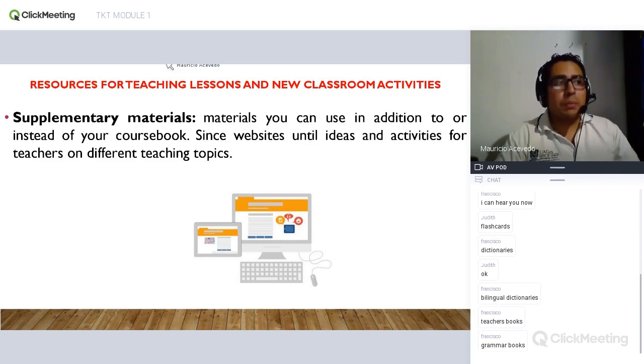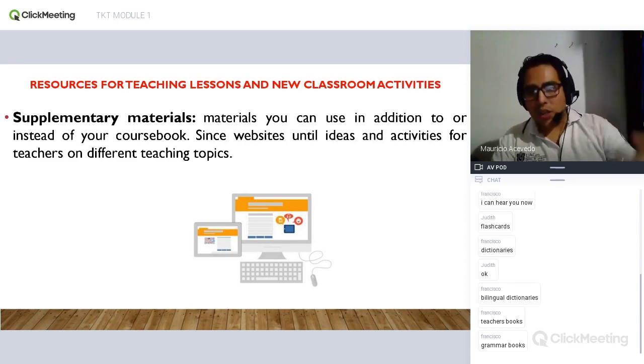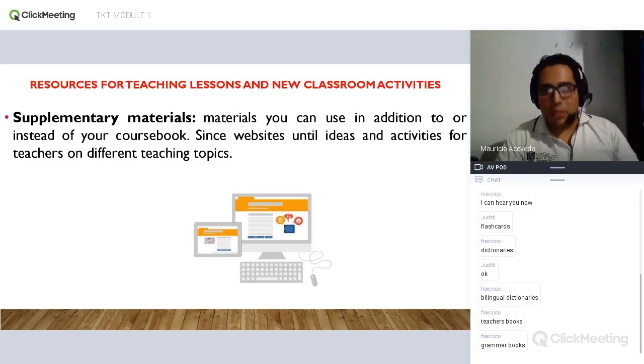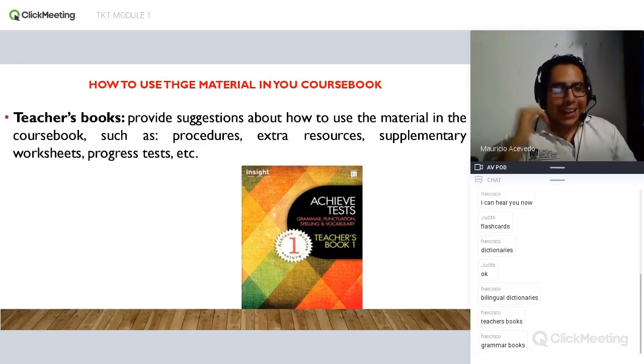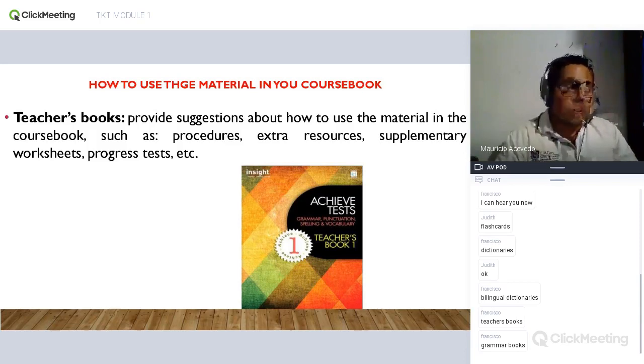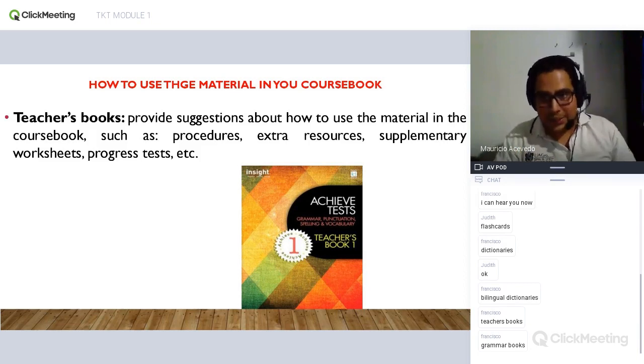We have also supplementary materials. What are those? All the websites, all the worksheets, the flashcards, for example. Those are supplementary materials. And finally, the teacher's books. Sometimes we have books that are from the course books, but we use them in order to have a guideline of the resources, the audio transcripts, the phonemic charts, etc. But this is for us as teachers.